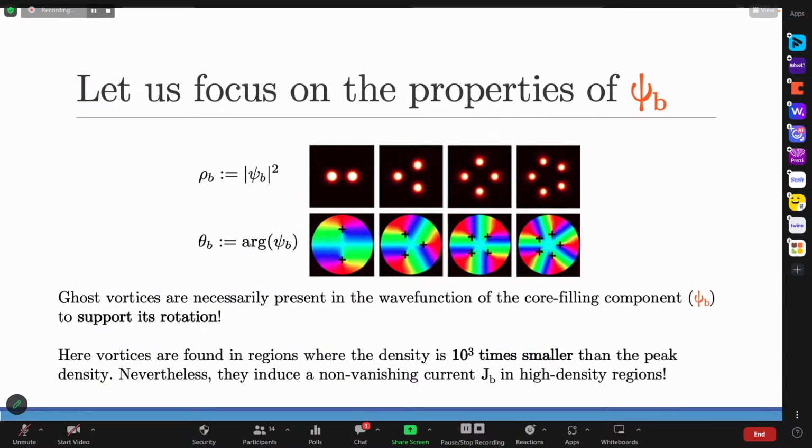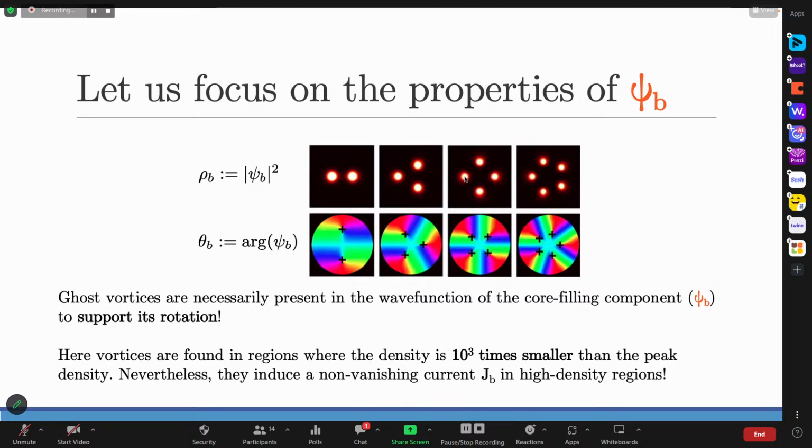As I was saying, the minority component is characterized by a necklace of ghost vortices, which are necessarily present to support the overall rotation of the system. And for example, in this simulation, I can tell you that the density here, at the position of the ghost vortex, is 1,000 times smaller than the peak density.